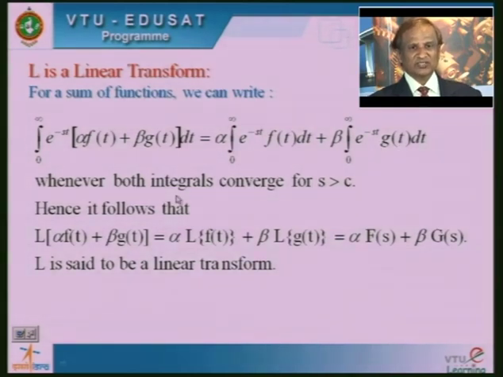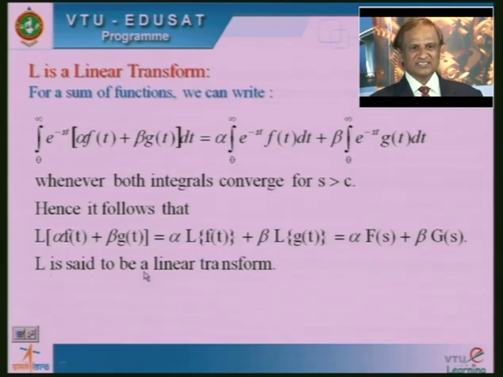So whenever both integrals converge for s greater than c, it follows that the Laplace transform of alpha into f of t plus beta into g of t is equal to alpha into Laplace transform of f of t plus beta into Laplace transform of g of t. Is it clear? Or the same thing can be written as alpha into a function of s, F of s, plus beta into another function say G of s, right.